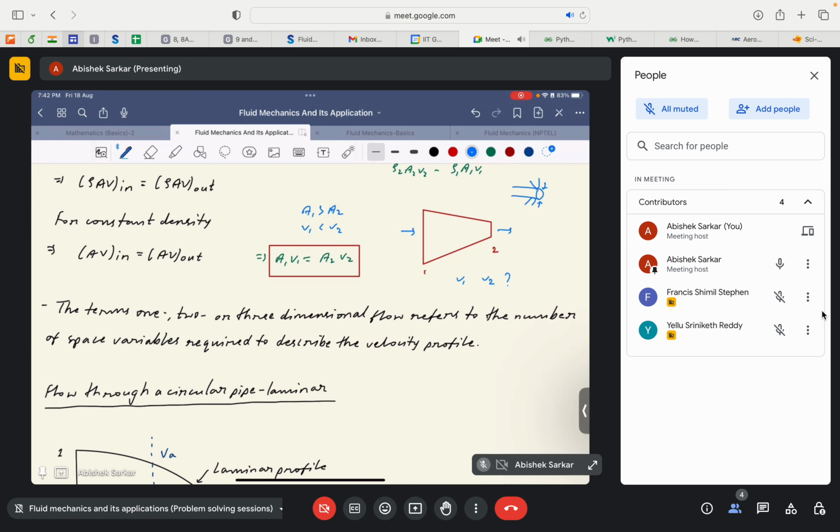Even if the velocity at the inlet had a certain value, when the outlet area is decreased, we see that the liquid pours out with a higher velocity. So this is a very simple observation that we usually see. That I wanted to mention.